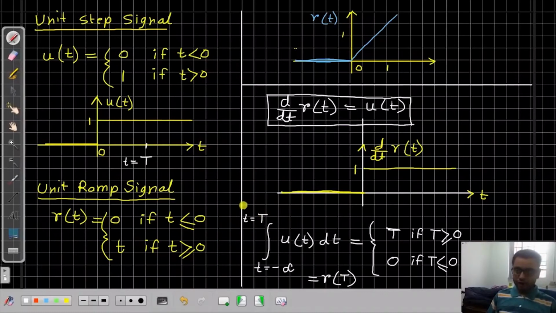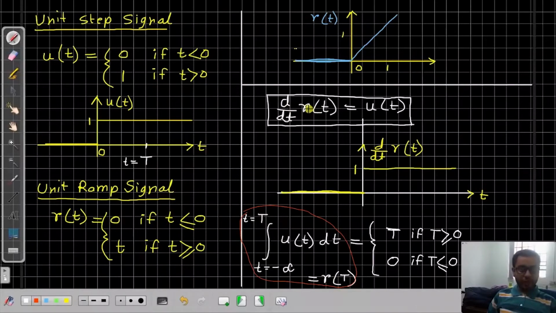This is also a very useful result, that the integration of the unit step function is same as the ramp function, and the opposite is also true.